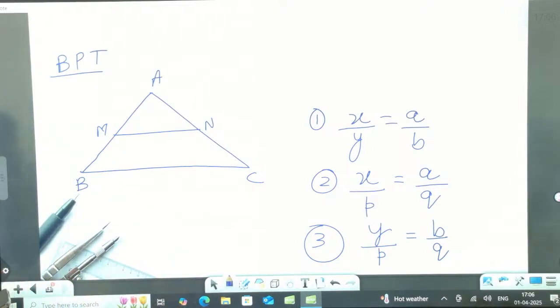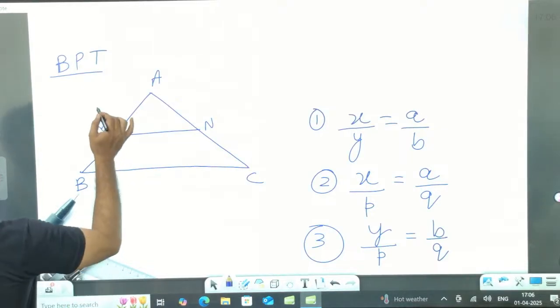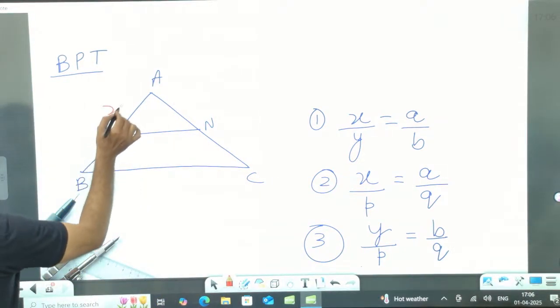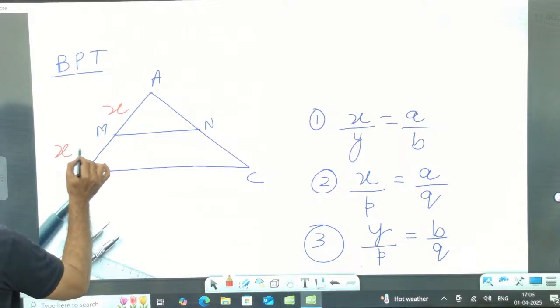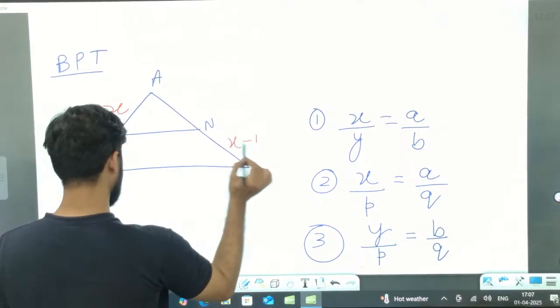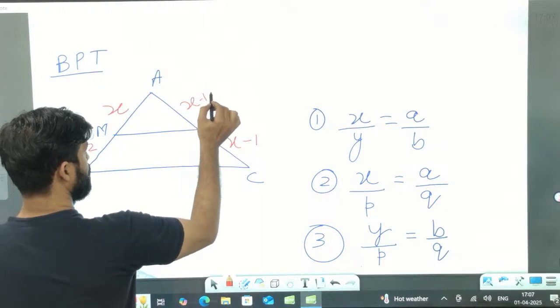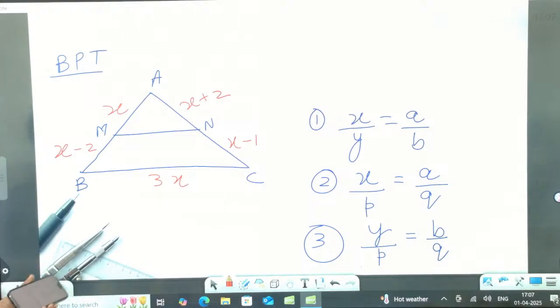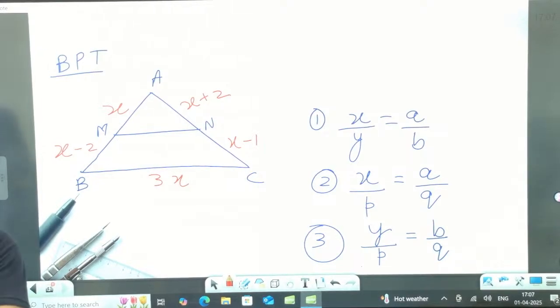In the given triangle, MN is parallel to BC. Find the length of BC.